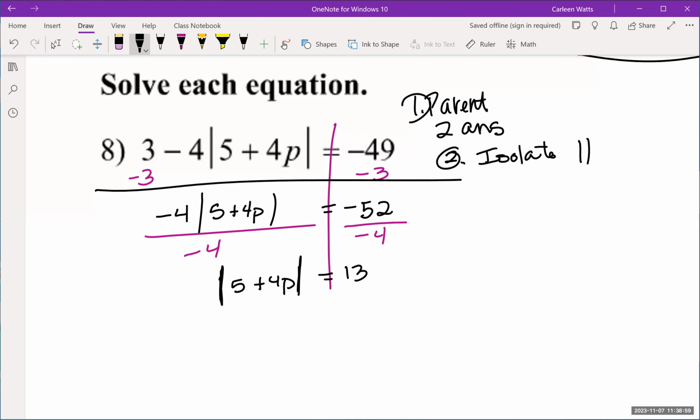Not before I subtract 5. Okay, split. 5 plus 4p is equal to 13, and the negative of 5 plus 4p is equal to 13.